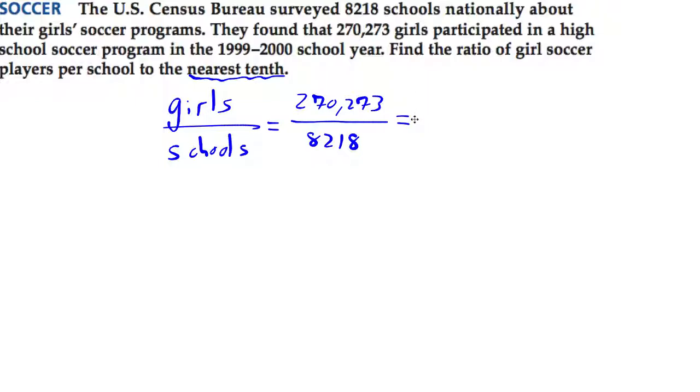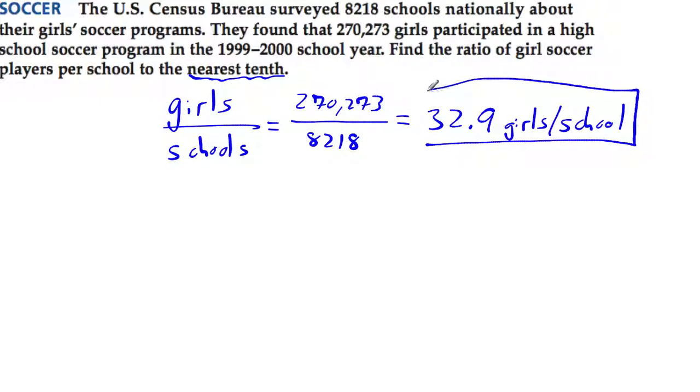And so what we want to do is we just want to divide this. So 270,273 divided by 8,218 gives us 32.9 girls per school. Notice that this ratio is written very much in the same way that we'll have other ratios, like miles per hour or anything like that. So that's all they wanted there.